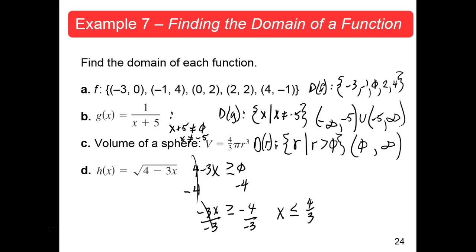But if you multiply or divide by a negative number, you've got to flip the inequality. And you did it absolutely right. Okay? So, x has to be less than or equal to 4/3. So you can write this in set notation as the set of all x's such that x is less than or equal to 4/3. Okay, that's one way to write it. What's the other way?